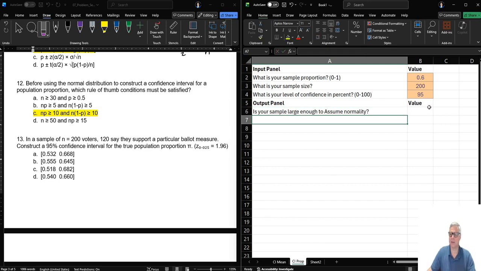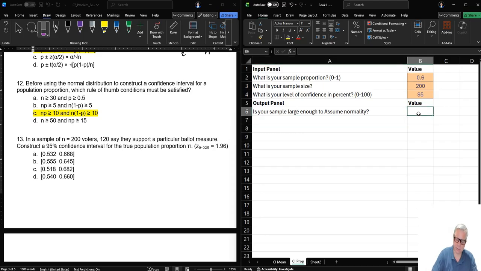Okay. So now we enter here, yes, whenever the success probability times n is greater than 10 and the failure probability times n is also greater than 10. So we can put that into an if-then formula, equals if. So now we will say and, because we have two conditions.